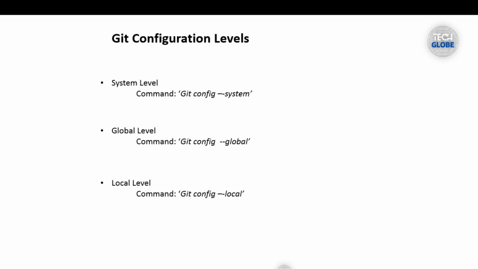I believe this makes a little sense to you. We'll have to revisit this concept later, especially when we are talking about the global configuration. Like I said, it is available for the current user for all projects. That is what the global configuration does.